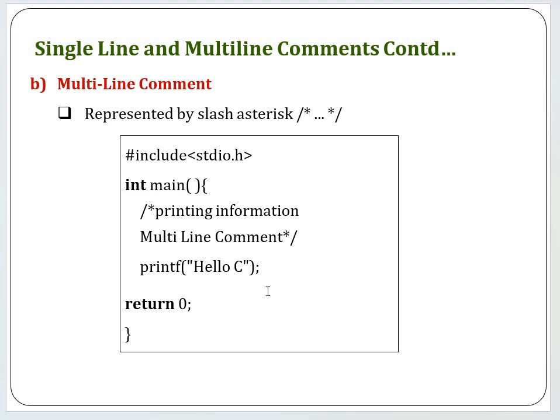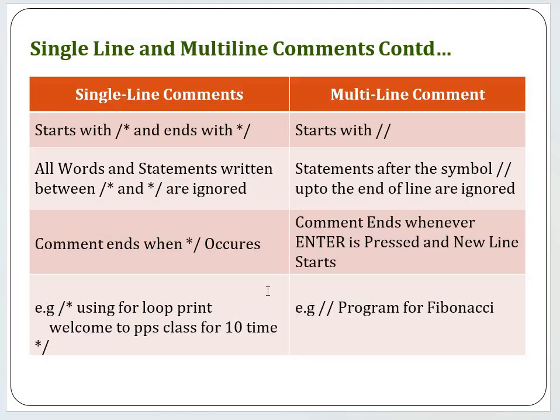So these are the multi-line comments. And the difference between single line comments and multi-line comments: we have seen how they are represented. Your single line starts with a double slash and multi-line is the other way.